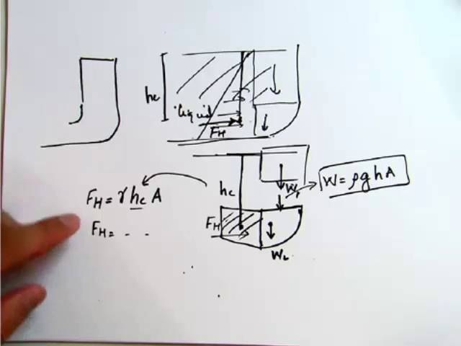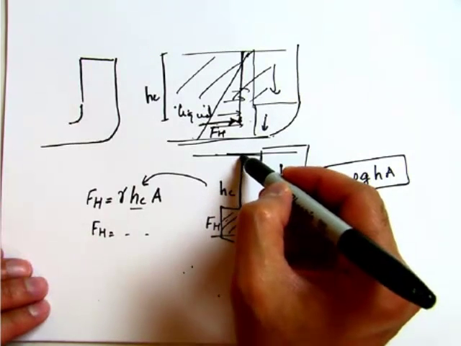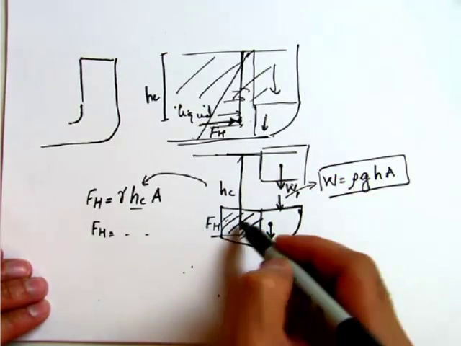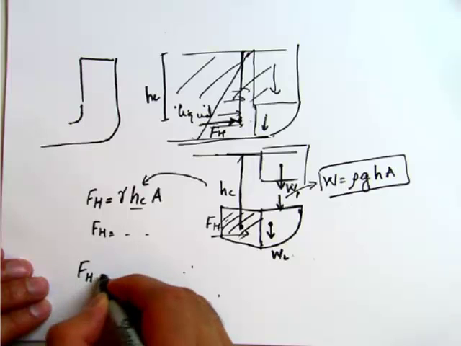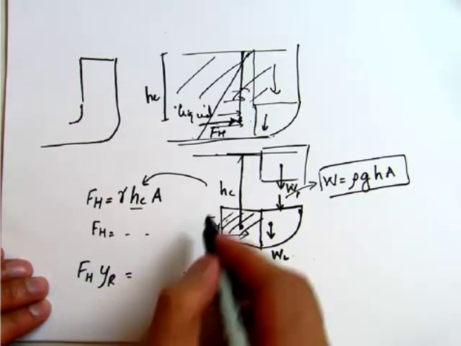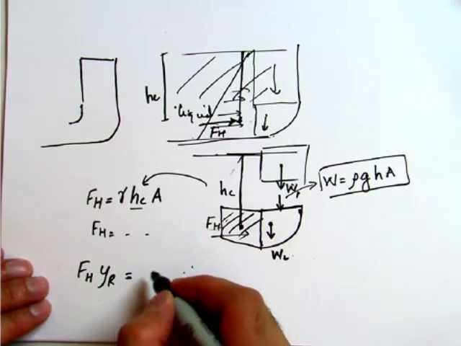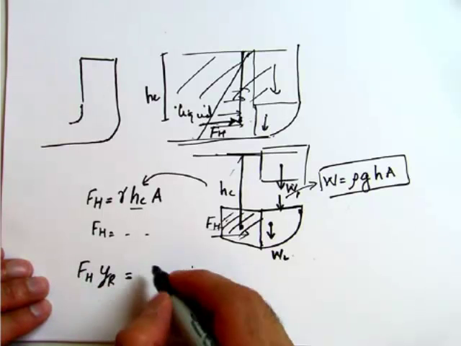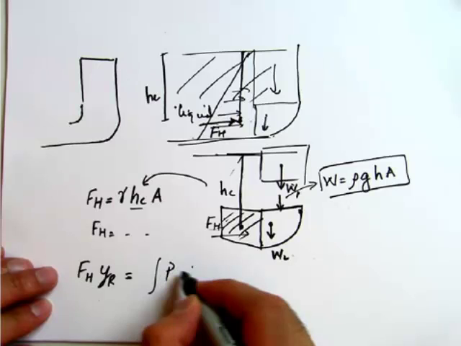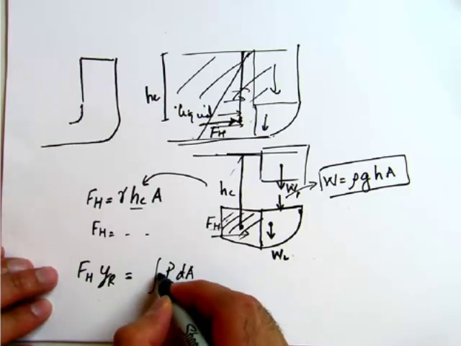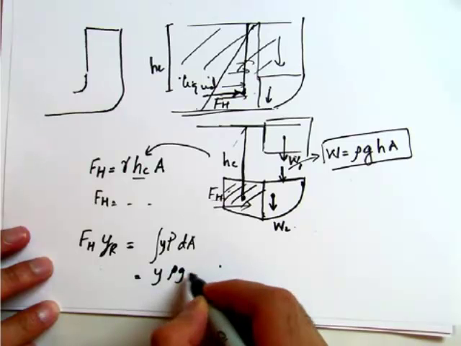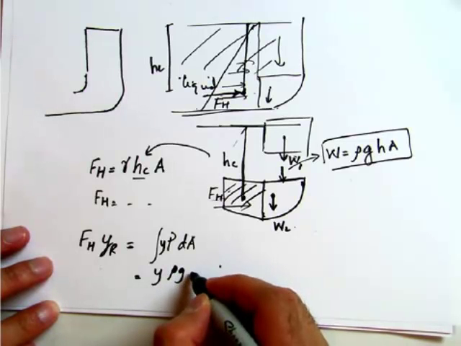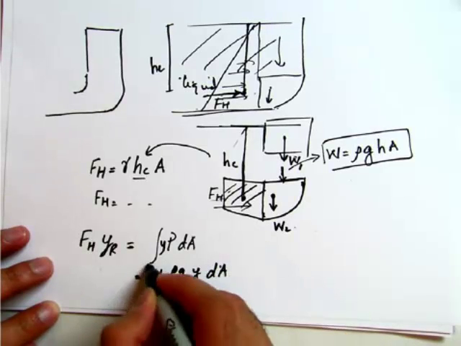All right, so this is what you will be using, and in a similar way, when you are computing your resultant force, where that force is acting, in that case you will have to use F of H times y of R, where this resultant force is acting, is equal to, in this case, you can write it as the integral of P dA times y, and then P is equal to y rho g, so y rho g, and then another y here, and then you have dA.